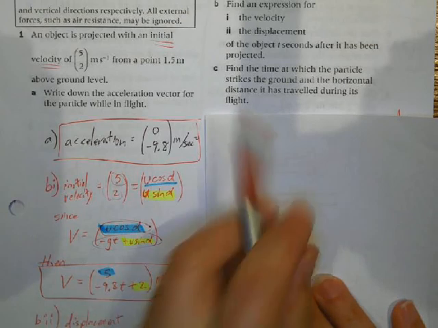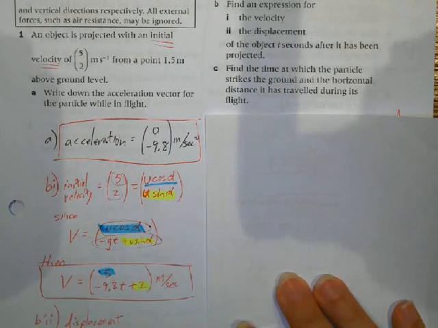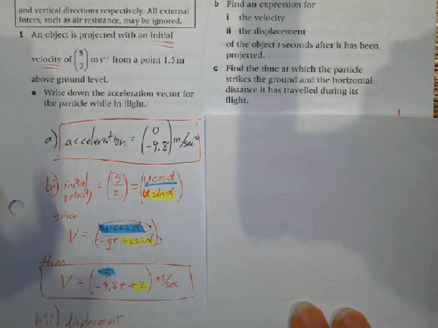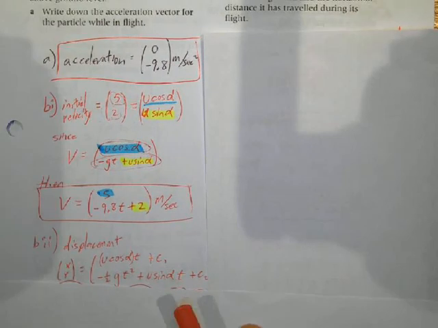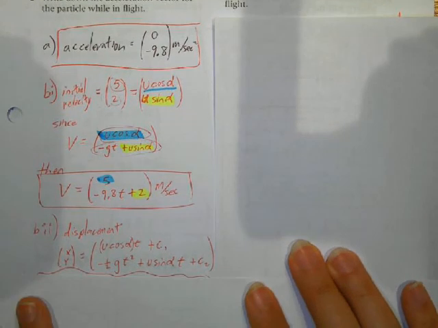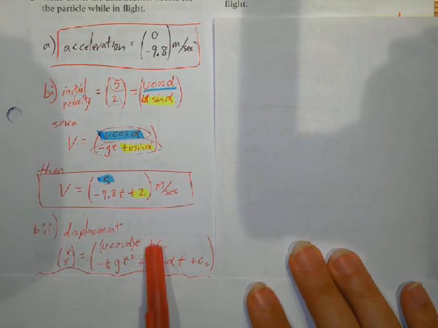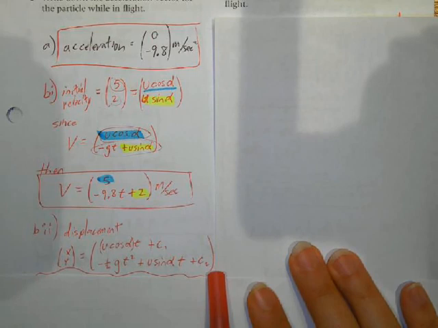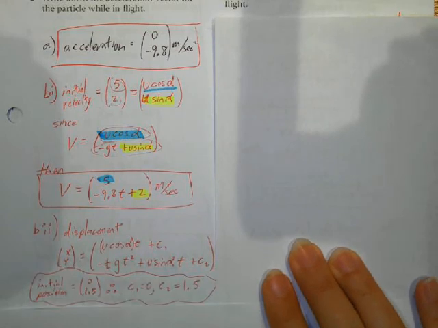Next part. Find the expression for displacement. Here's the displacement formula which we came up with on the earlier page. You might want to hit pause to find this formula. I've got constant C1 and constant C2. Now we started at 0, 0. It doesn't say that, but, oh wait, no, we didn't.